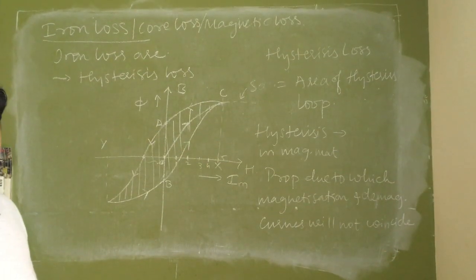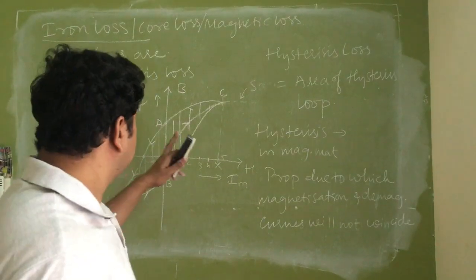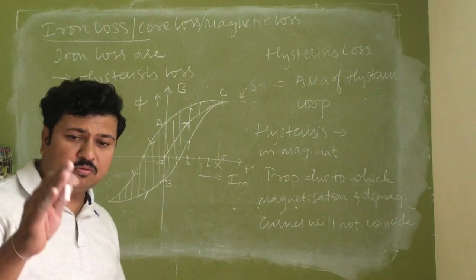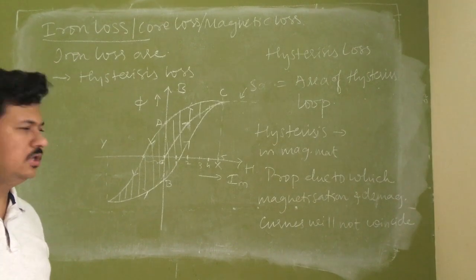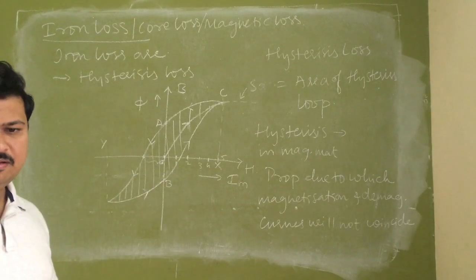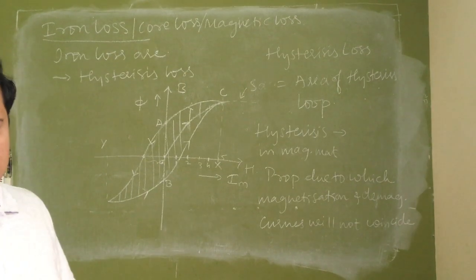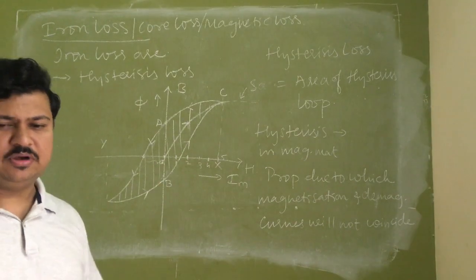They are not coinciding, they are not overlapping. If the magnetization curve and demagnetization curve had overlapped, then the hysteresis loss would become 0, and I wouldn't get this loop. Because they are not overlapping, the hysteresis loss will occur in the magnetic material.